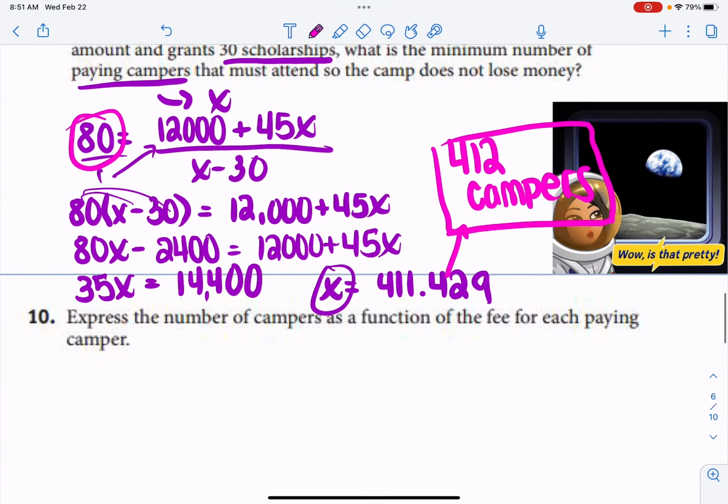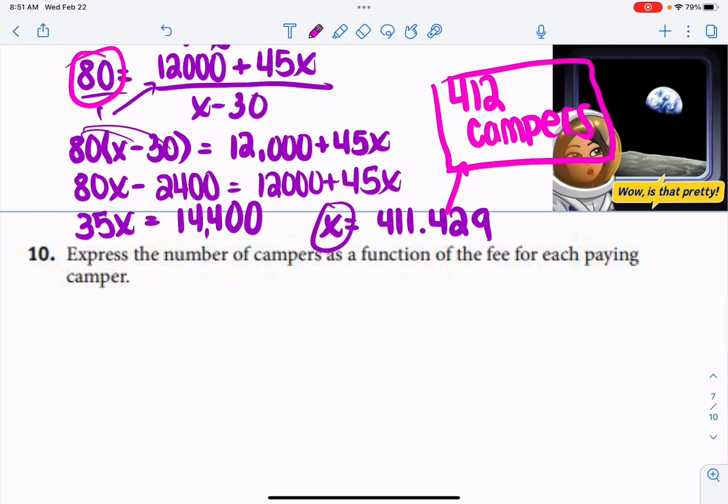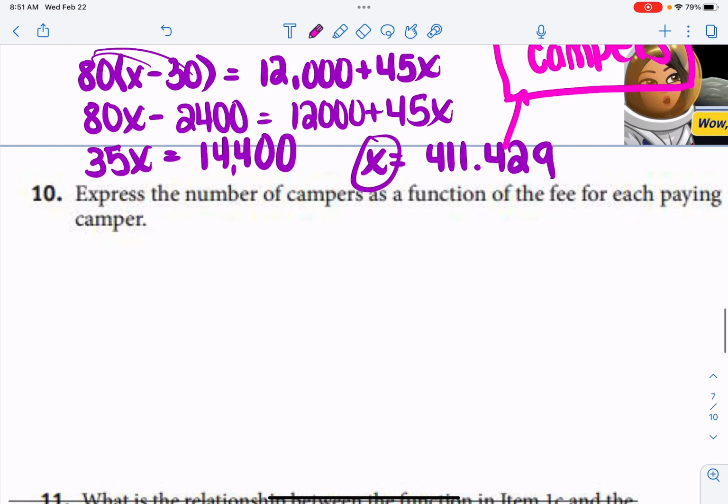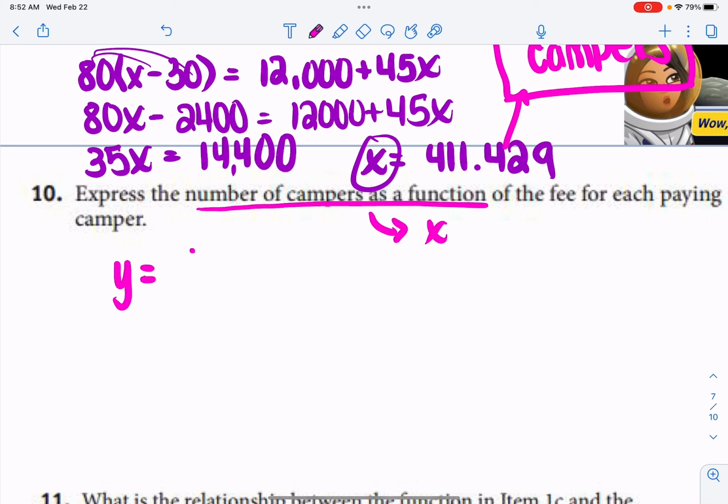So keeping that in mind, it says express the number of campers as a function of the fee each is paying. That means we have to solve for x. So how we do that is like this. We are going to set this equal to y, and you're going to have it be 12,000 plus 45x over x minus 30.